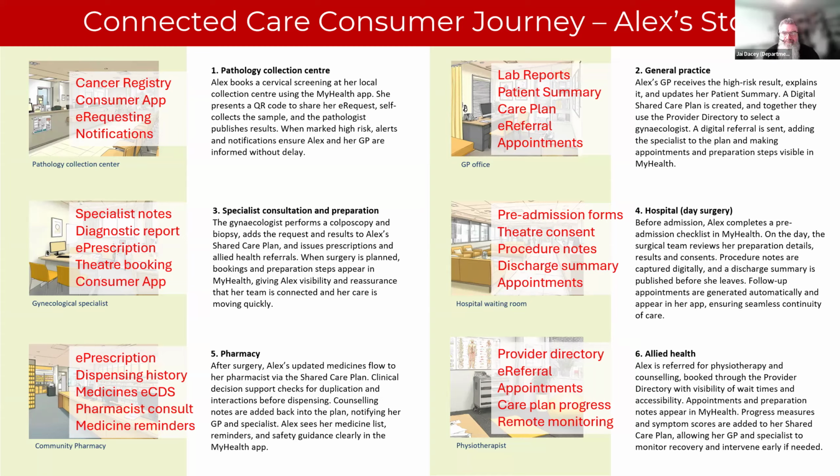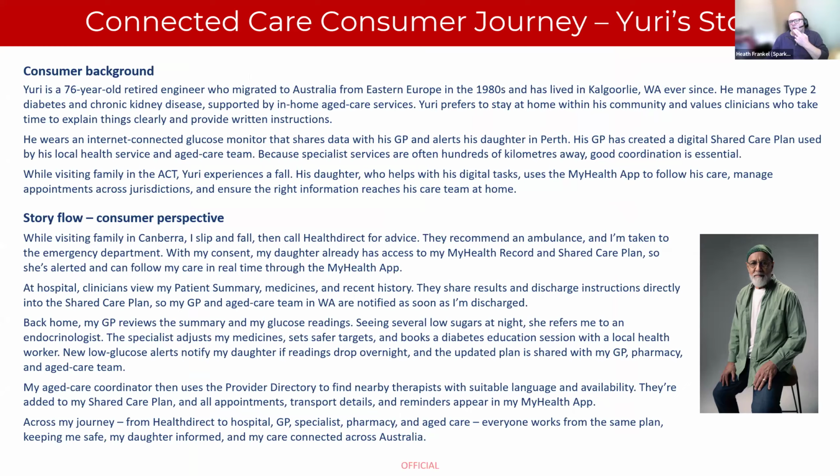Yeah, that's right. And so then we've got Yuri's story now. He is a slightly different scenario where he is older, but in this particular case, he's actually visited family in the ACT, but he normally has his healthcare in a regional area in Western Australia. And he's actually a resident of an aged care home. So there's a lot more scenarios going on here.